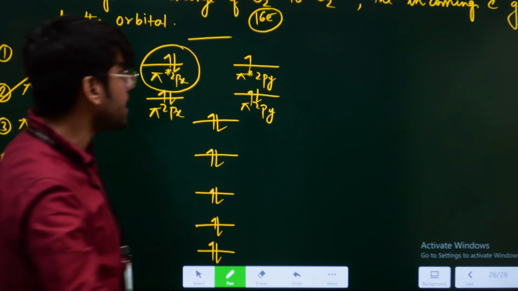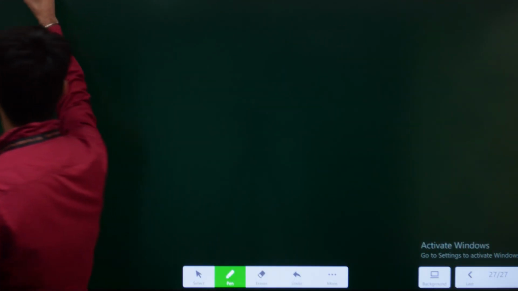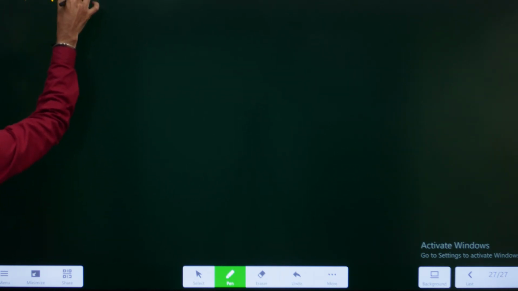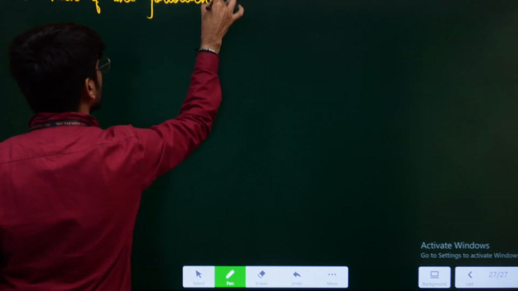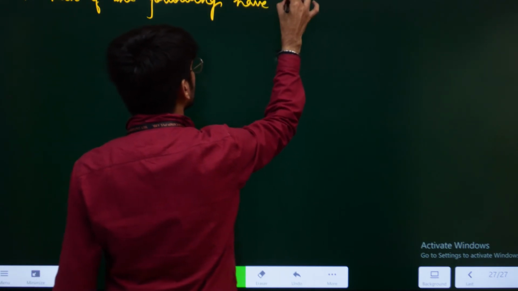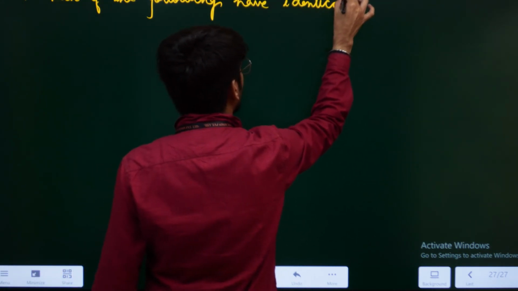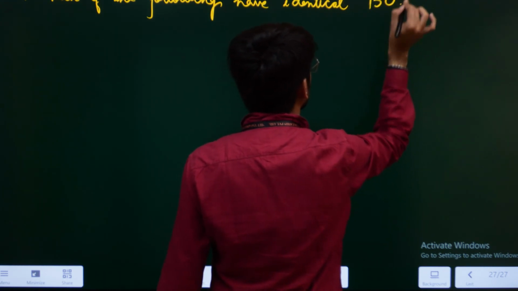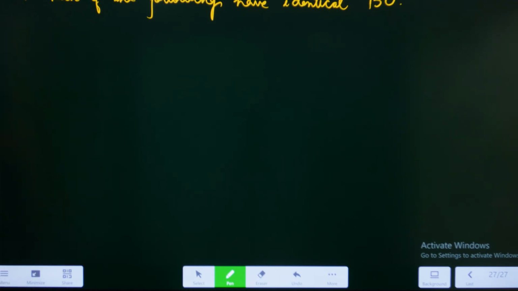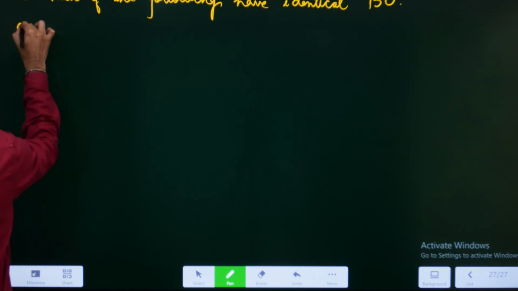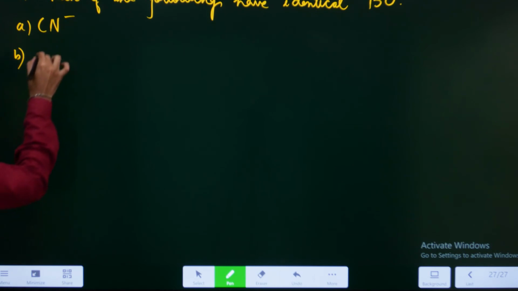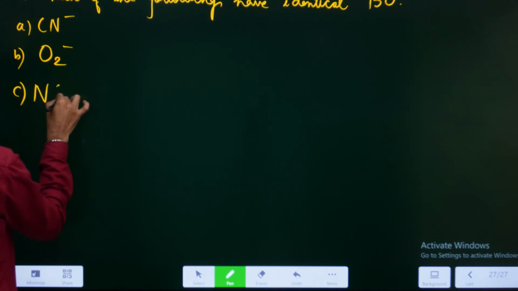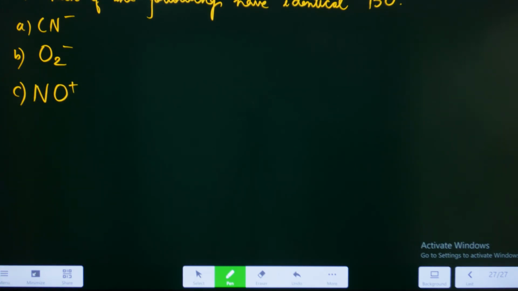Which of the following have identical bond order? A, CN minus; B, O2 minus; C, NO plus; and D, CN plus.